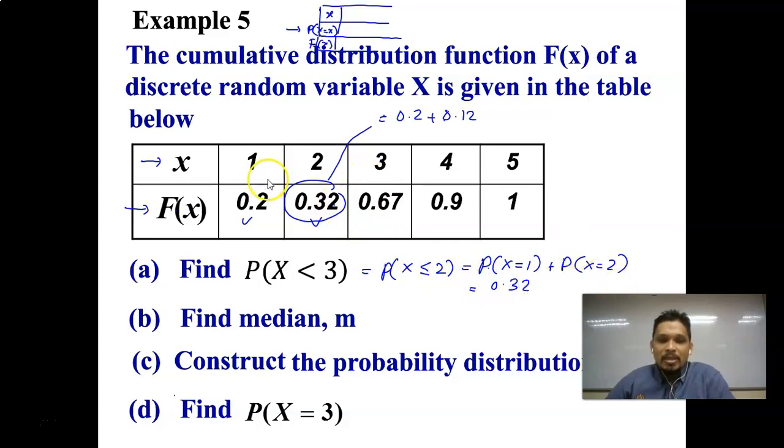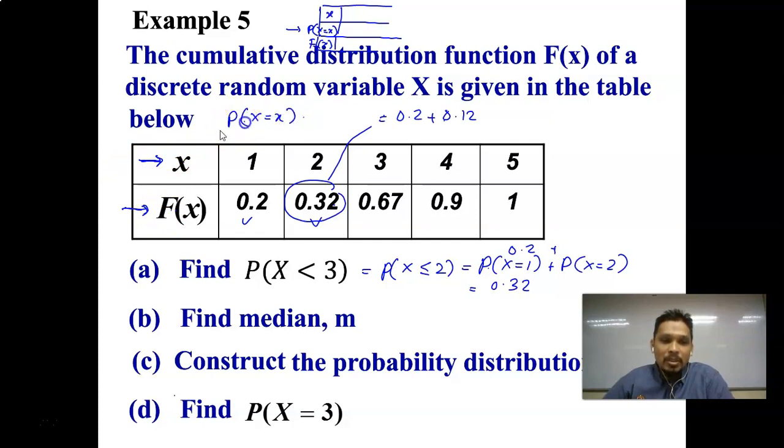From this table, the probability of x equal to 1 is 0.2. And then the probability of x equal to 2: there is no value of 0.12 here, because this table is with the value of x and the cumulative function F(x). There is no column of probability of x equal to an x.